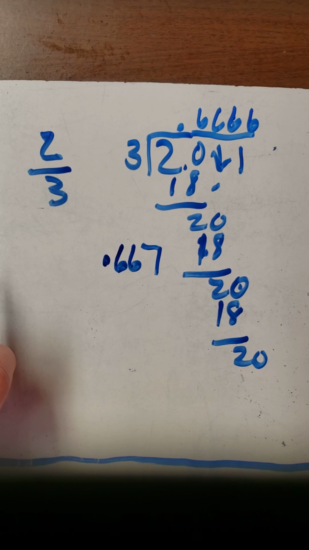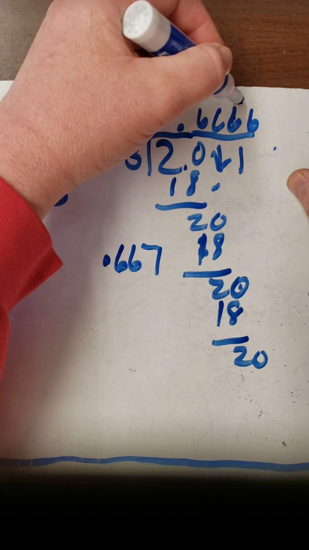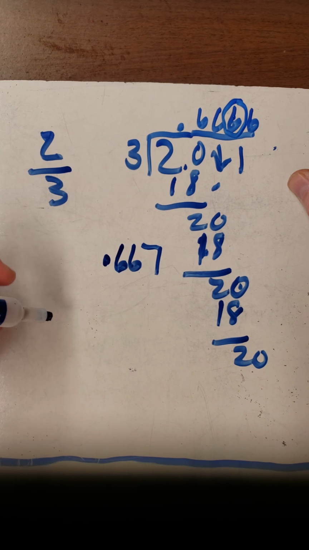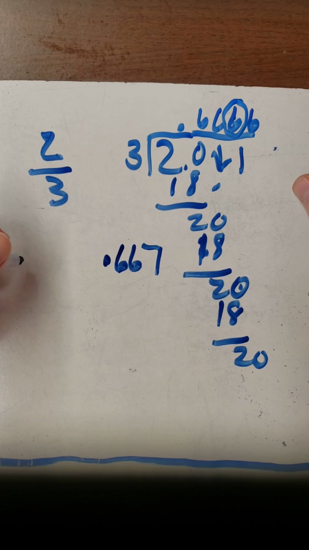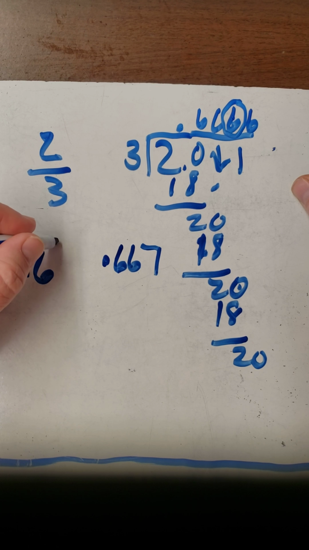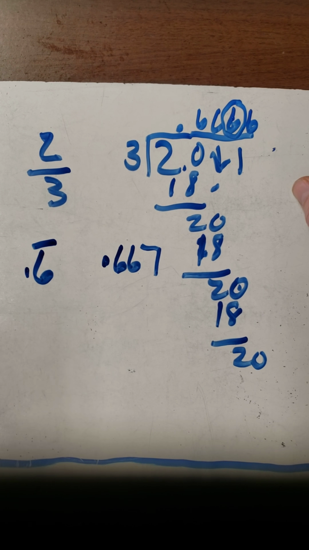That is your answer for example 1 when we rounded to the thousandths, which is this one right here. And it's a repeating decimal. If they told you to write it as a repeating decimal, it would be 0.6 with a line over the 6. Okay? So, example 2.